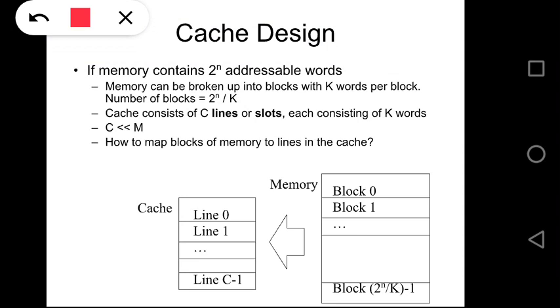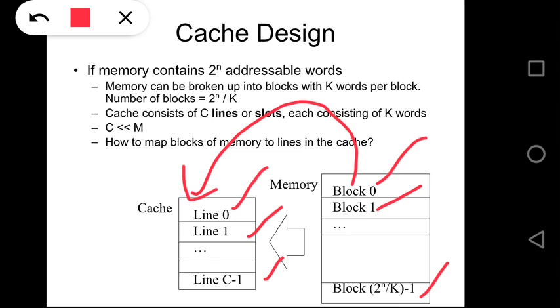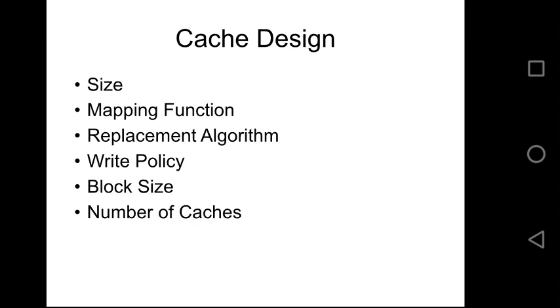How do we map the blocks of memory to cache lines? Memory contains blocks, and at any moment one block of k words can be present in a cache line. The design issues are: cache size, mapping function, which decides which block is present in the cache, replacement algorithm, write policy, block size, and how many caches.